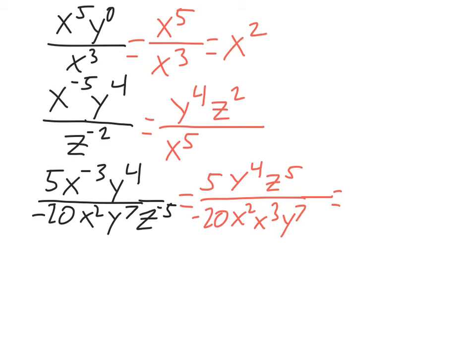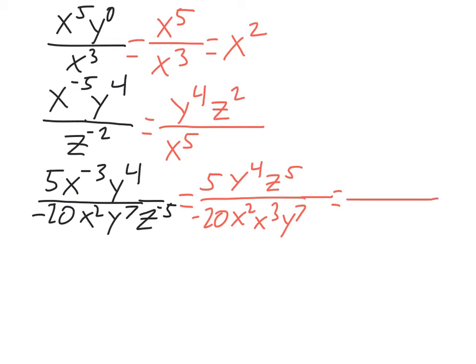So let's deal with the numbers first. 5 over 20. 5 over negative 20, really. So you can't divide those straight out, so reduce them. 5 and 20 can both be divided by 5. 5 divided by 5 is 1.